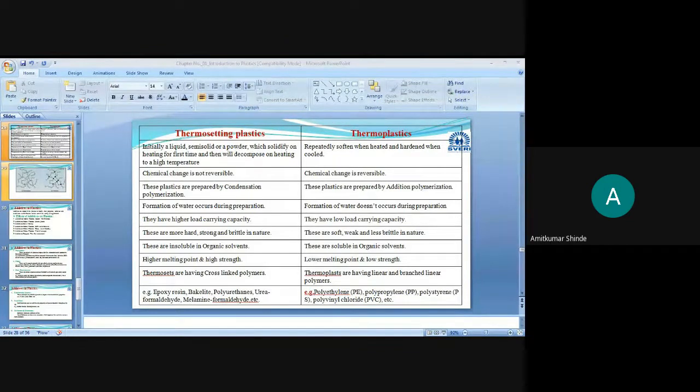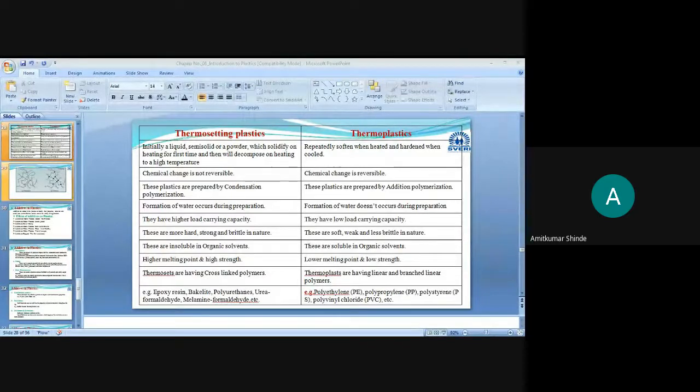Refer to this point. As already discussed, they have cross linking here. Due to this cross linking, their load carrying capacity will be more, and thermoplastics will have low load carrying capacity.